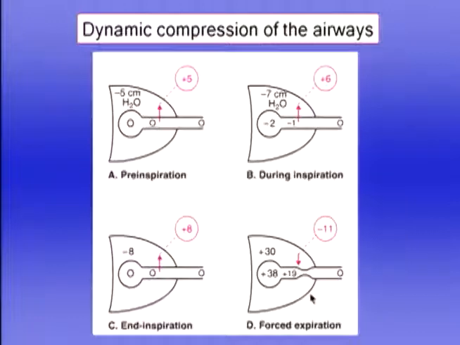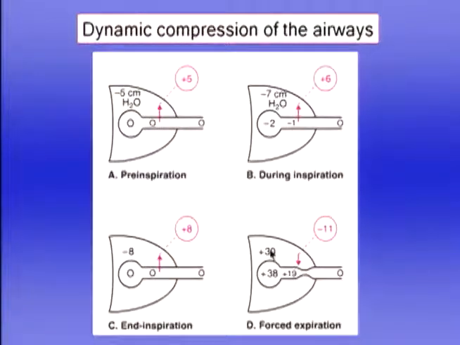Now, what about the forced expiration? The expiratory muscles contract vigorously, the alveolar pressure jumps up to 38 centimeters of water, and somewhere along the airway the pressure would be half that, plus 19 centimeters of water. Now, if we assume that we're looking at the lung volume at the beginning of the expiration, then the difference between alveolar and intrapleural pressure is going to be the same as it was here.